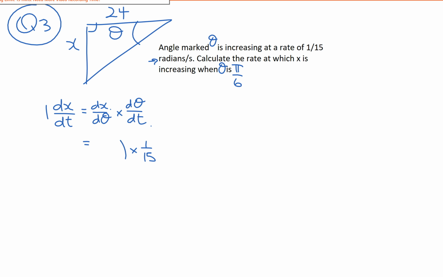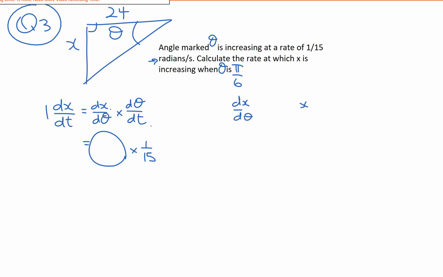So all I need to do now is find this expression just here. That is dx by d theta. To do that, I need to find what x is in relation to theta. So I need to find an expression that relates x and theta. That comes from the right angle triangle that's drawn, which is basic trigonometry.